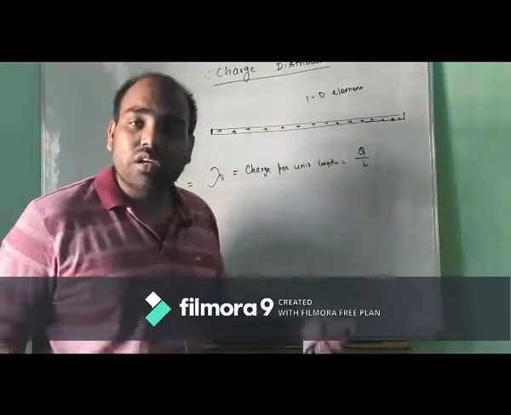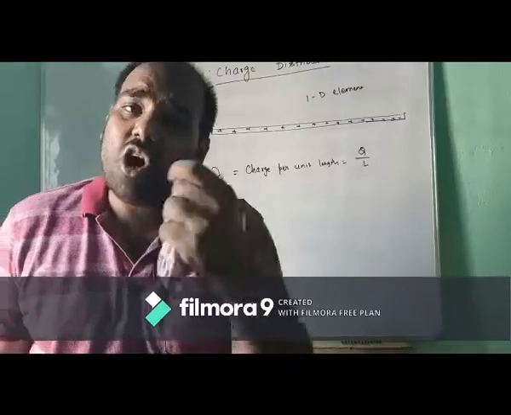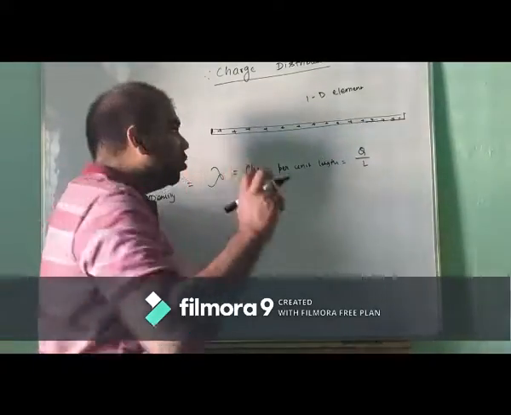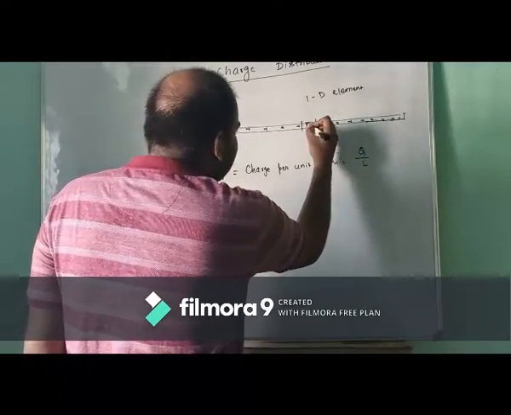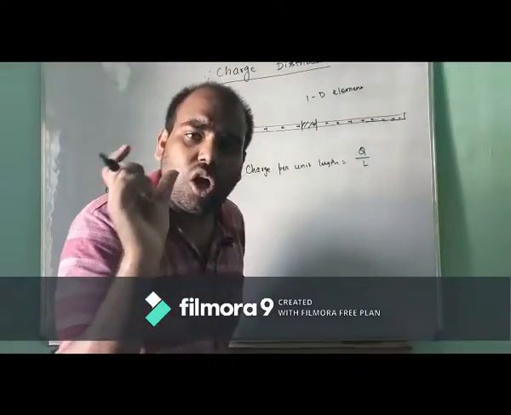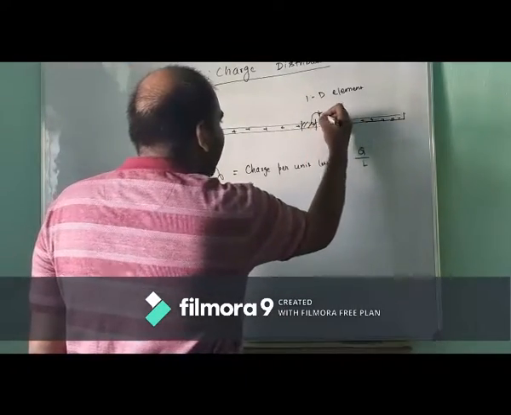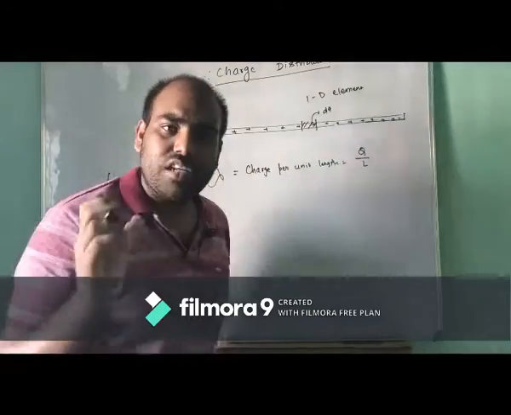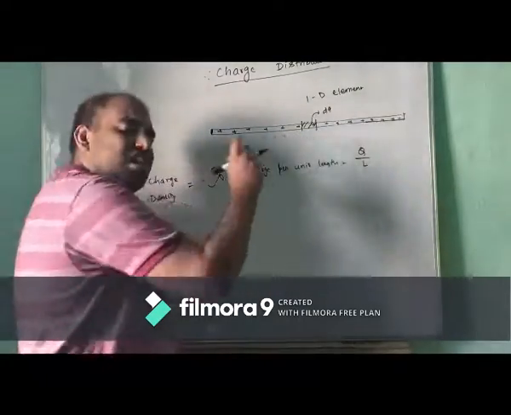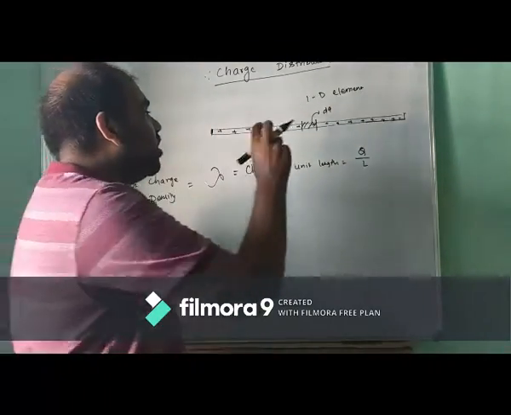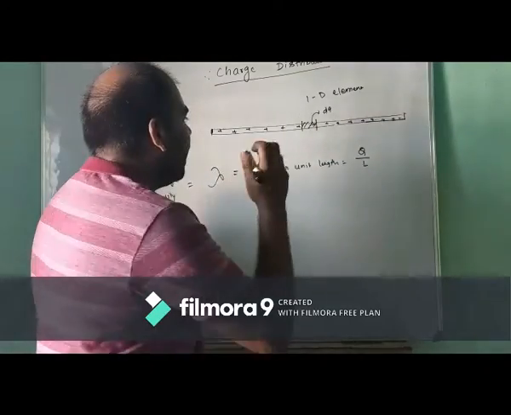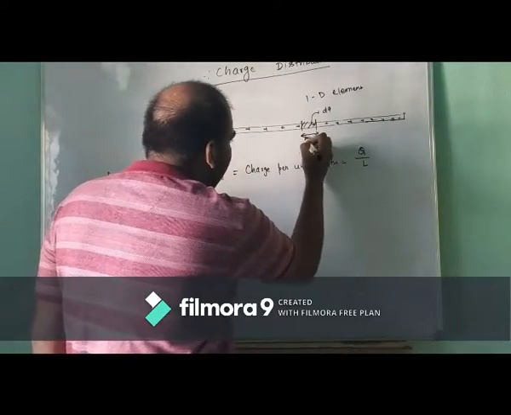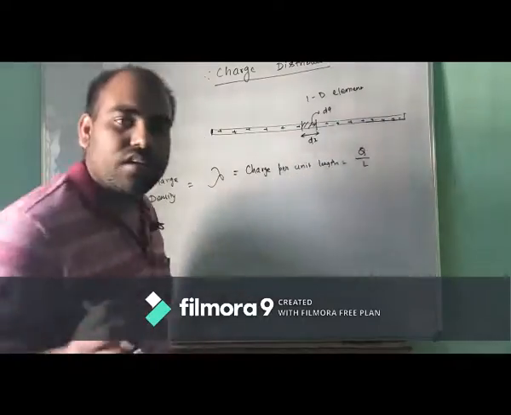Suppose the distribution of charge is not uniform. Then what we will do is take a very small differential element and find the charge on this differential element. Suppose the charge on this differential element is dq, and the length of the differential element is dx.